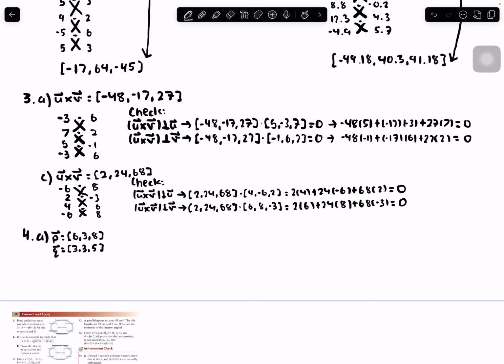And we're asked to determine the area of the parallelogram. So we'll say area of the parallelogram constructed by vectors P and Q.